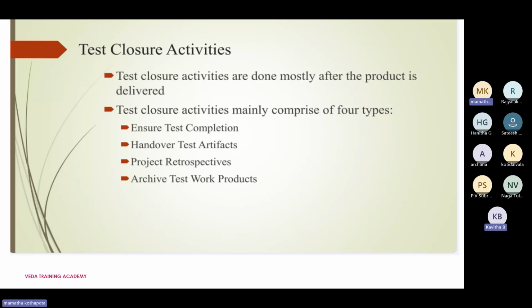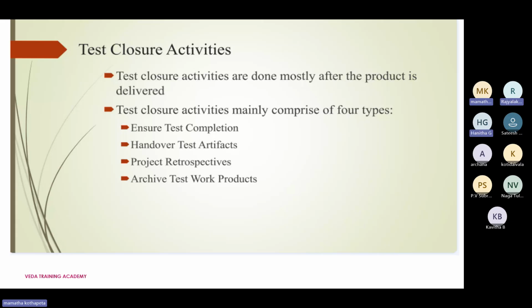This would be your test closure phase. Very, very important phase. Again, as we have the starting of the phase, we have a closing phase. Now what happens in the closing phase? When we say testing is closed, if you remember entry criteria, exit criteria will be your point of contact.